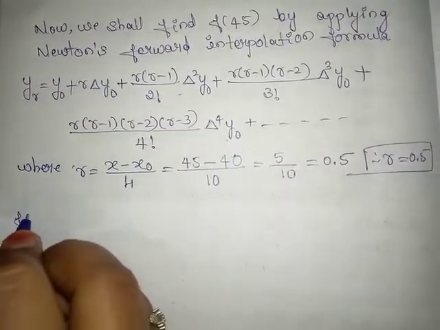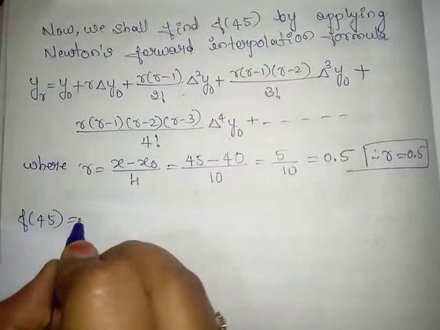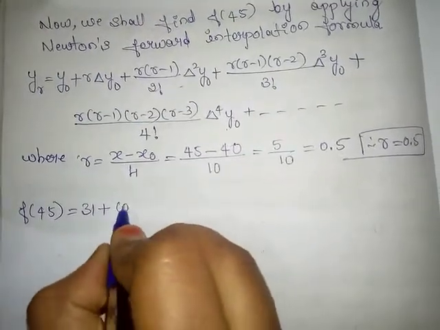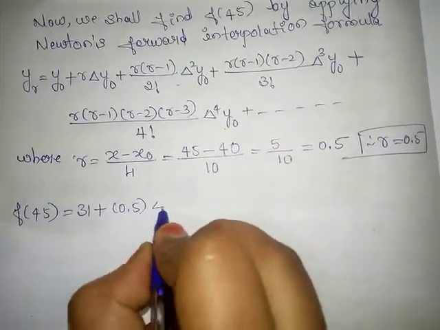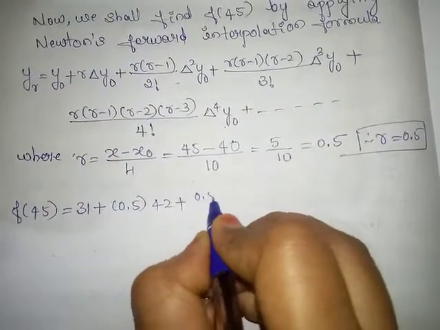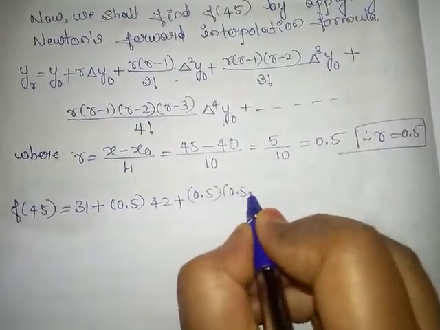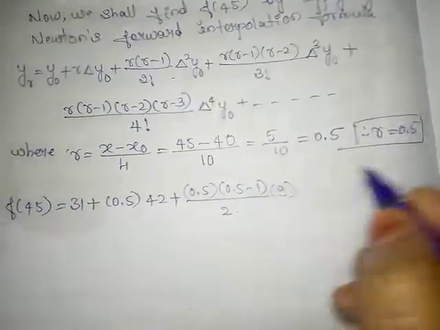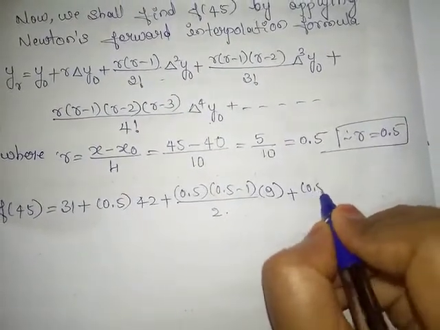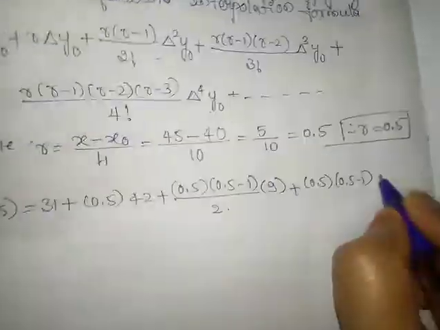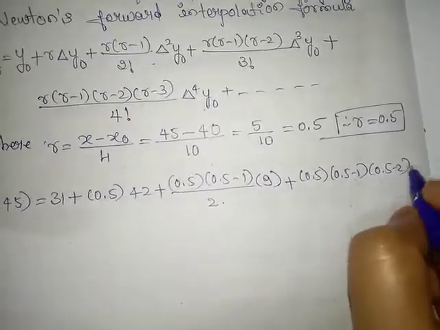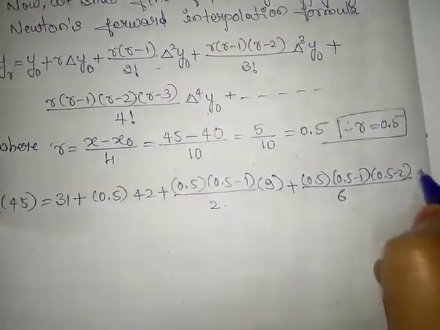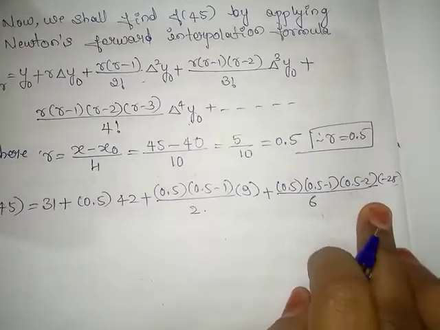We get f of 45 or y at 45 is equal to 31 plus 0.5 into 42 plus 0.5 into 0.5 minus 1 divided by 2 factorial, means 2, into 9, plus 0.5 into 0.5 minus 1, 0.5 minus 2 divided by 3 factorial, means 6, into minus 25.